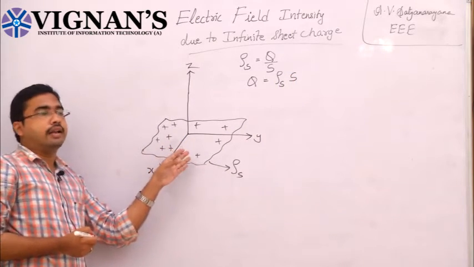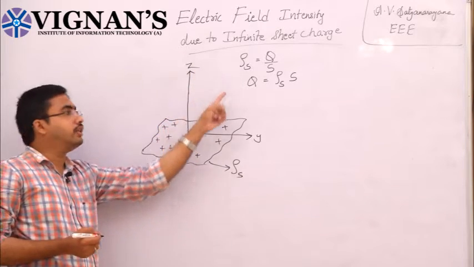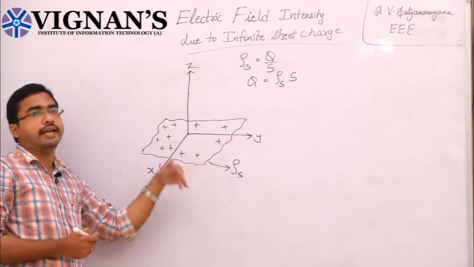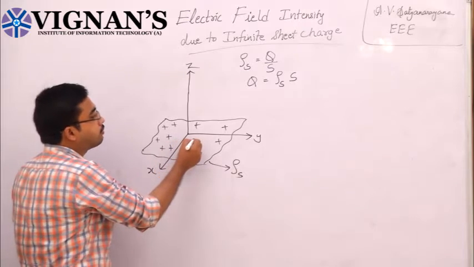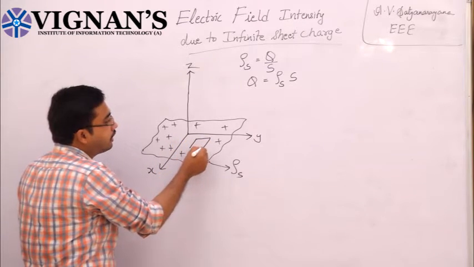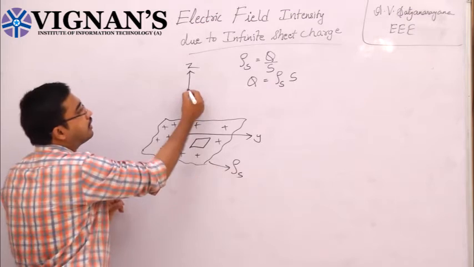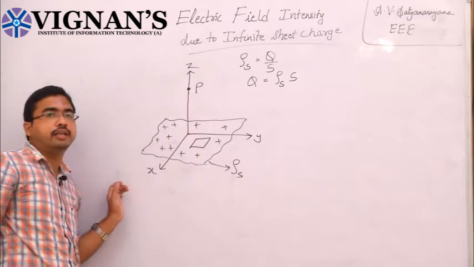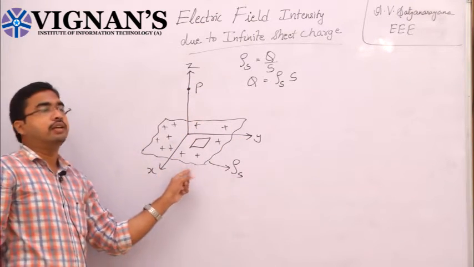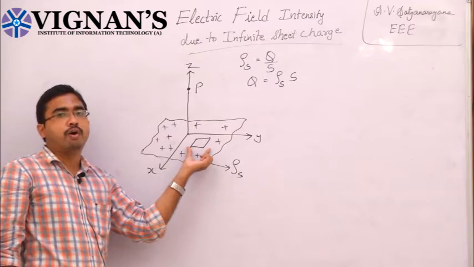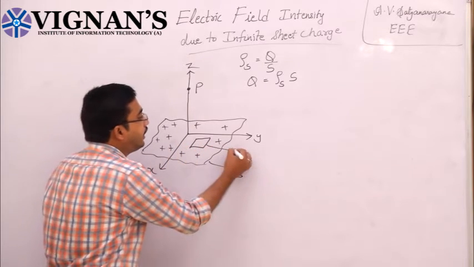But we can't derive the entire electric field intensity due to this entire sheet of charge at a time. First we will select a small differential area. Instead of deriving the electric field intensity at point P due to this complete sheet, first we will assume only a small differential area ds.